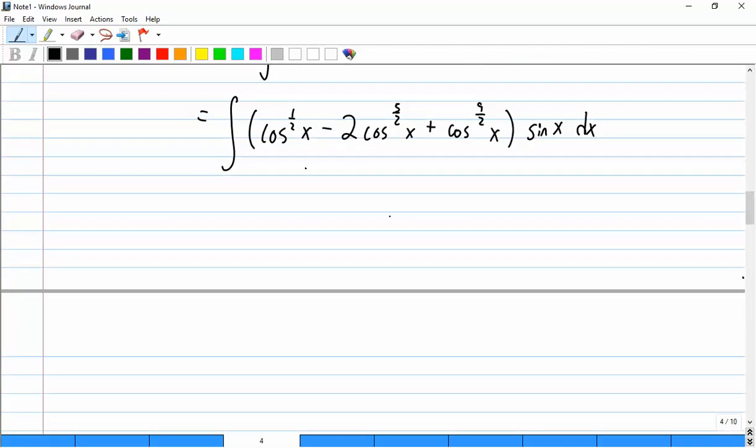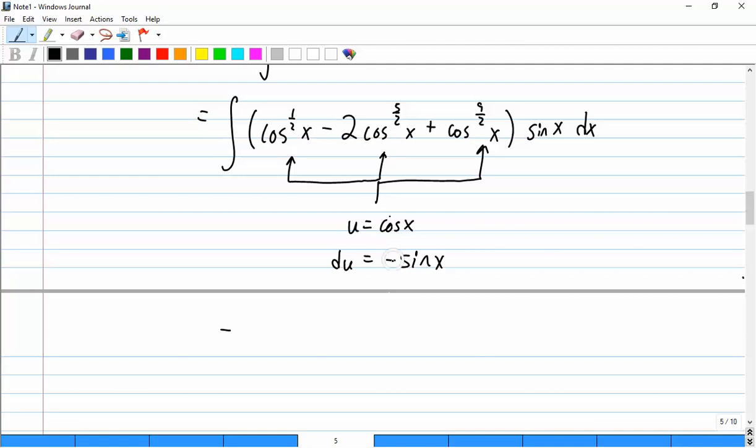So now, for this integral, or this term, and this term, my u is going to be equal to cosine of x. So my du is going to be equal to negative sine of x. So I bring out the negative.